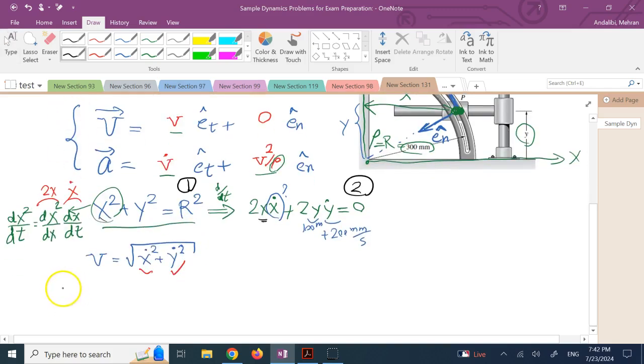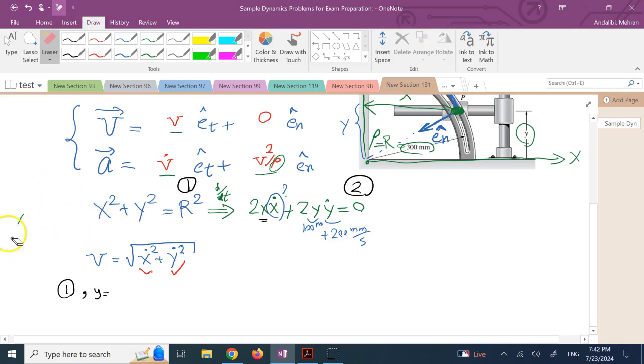So from equation 1, if I plug in y of 100, right, and let me clean this portion so we can write a little bit nicer. So if you plug in y of 100 into equation 1, that gives you x.